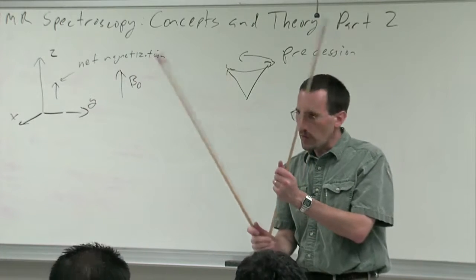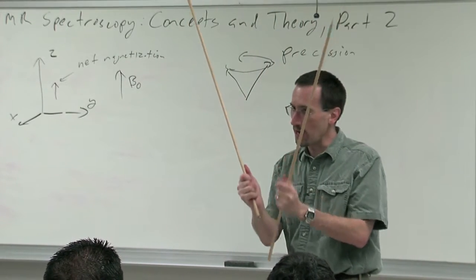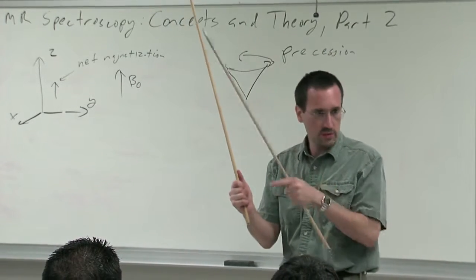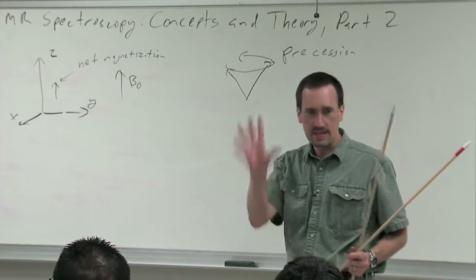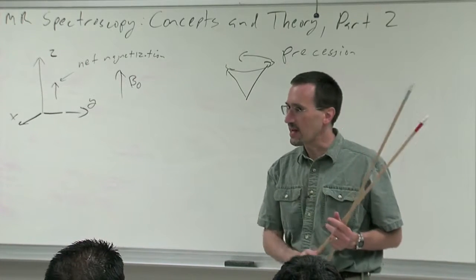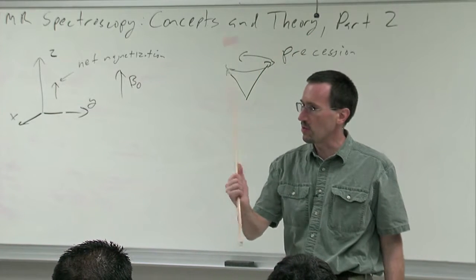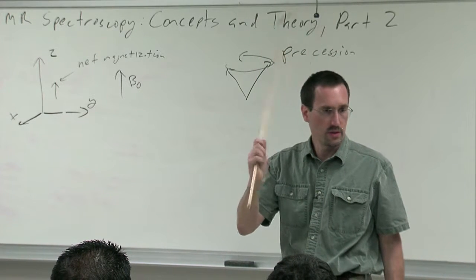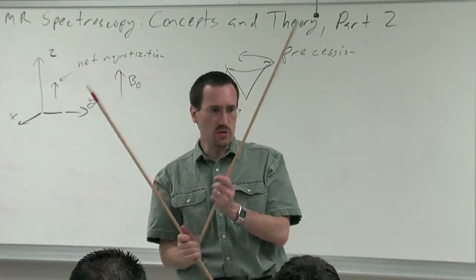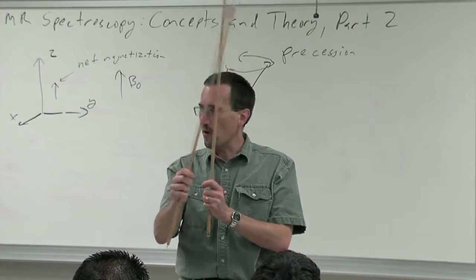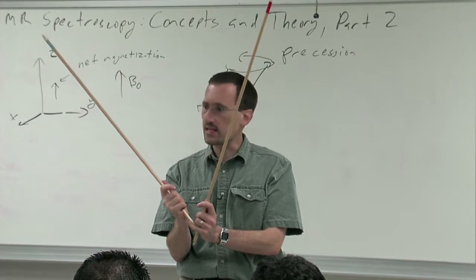Now, the other thing is they're not quite on axis. It's like a gyroscope if you've ever hung it from a string. Who's hung a gyroscope from a string as a kid? The gyro in physics lab or something. The gyroscope doesn't hang vertically. It kind of hangs off axis and goes around like this. But since those spins are not bunched up, for every one that's precessing like this, there's another one that's opposite it.